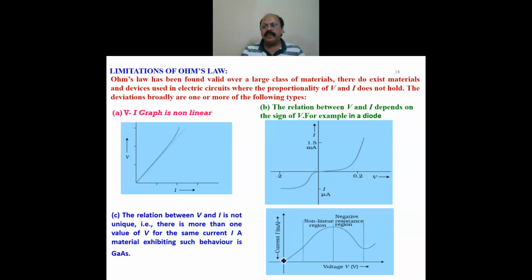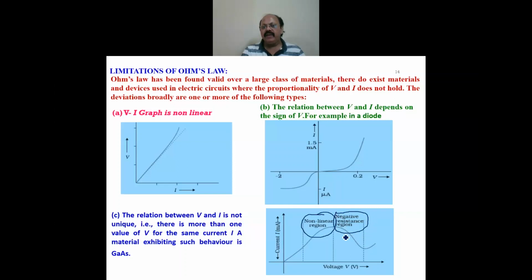So here you see that the graph first increases in a curved form. So this portion is the non-linear region. Then the graph comes down, and that region is known as the negative resistance region.